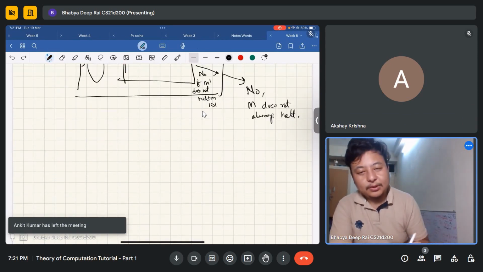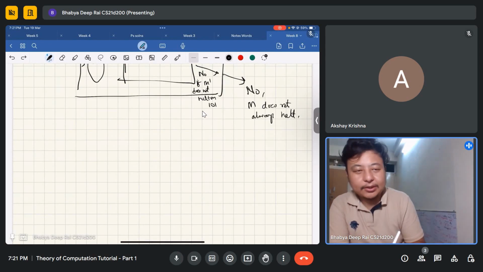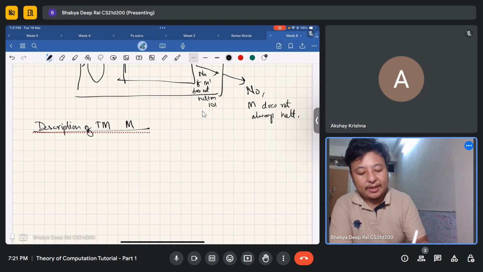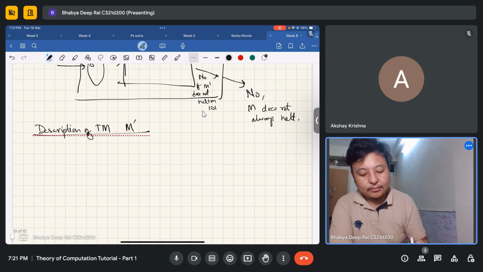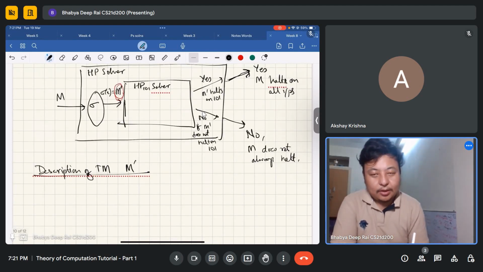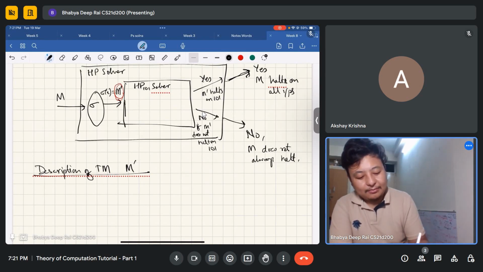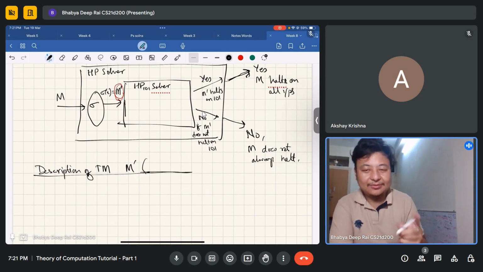So here is my reduction. The description of Turing machine M prime. Now please let me know if this is a bit heavy, because this is on the more difficult side.